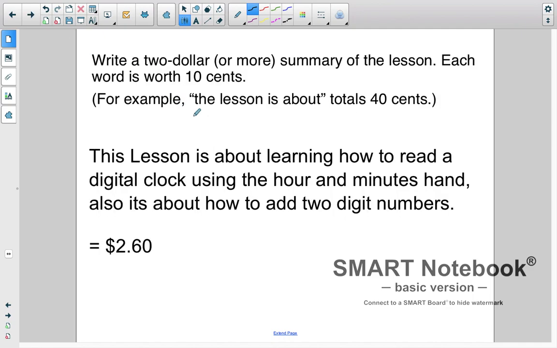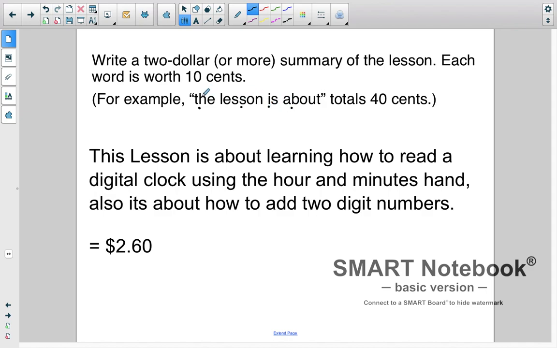All right, this is very similar to what we've seen before, writing a $2 summary of the lesson. It says write a $2 or more summary of the lesson. Each word is worth 10 cents. So they say, for example, the lesson is about, and that totals 40 cents because each word equals 10 cents.